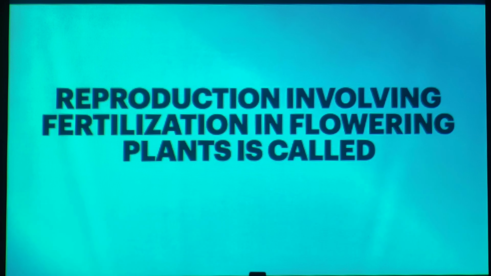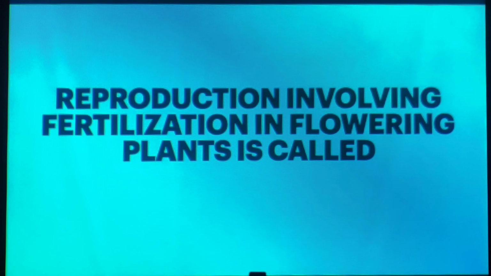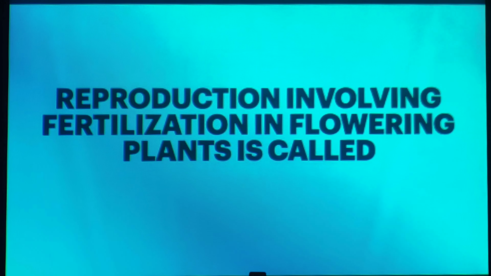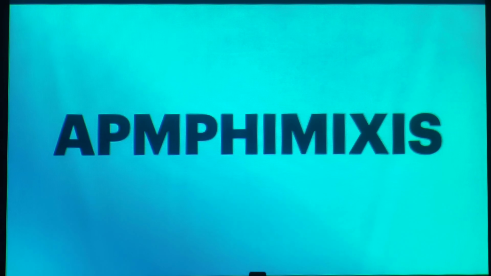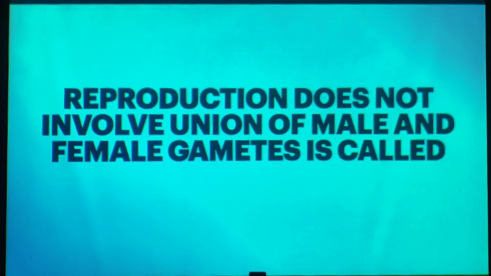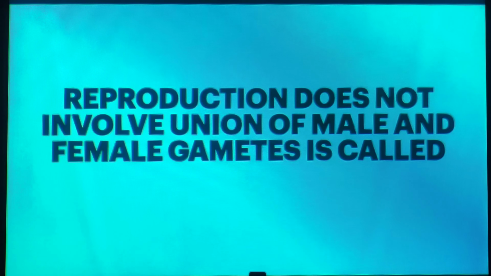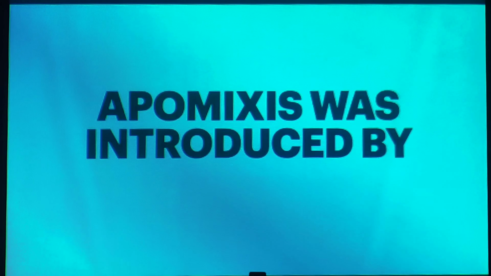Reproduction involving fertilization in flowering plants is called amphimixis. Reproduction that does not involve union of male and female gametes is called apomixis.